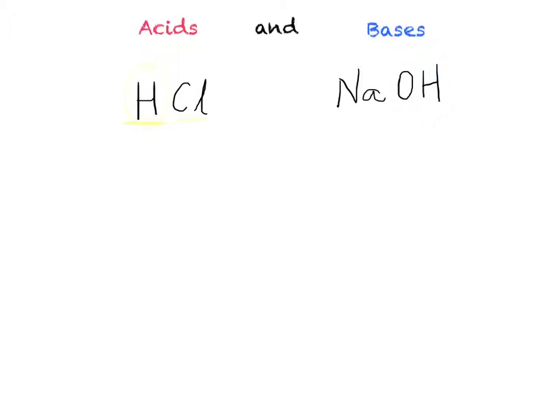So this particular base is sodium hydroxide, and if you put this sodium hydroxide into water, this chemical substance can share this OH group. So that's why sodium hydroxide is a base, because it contains this specific OH group.